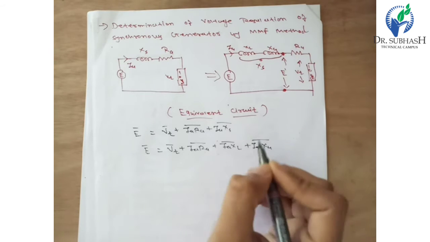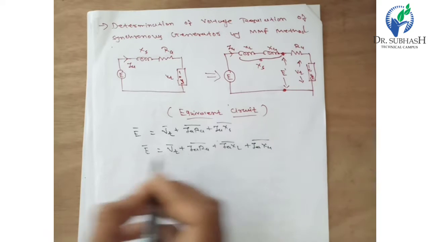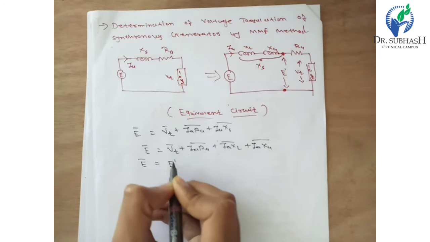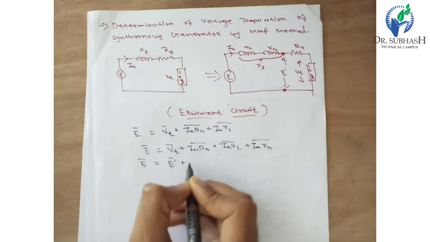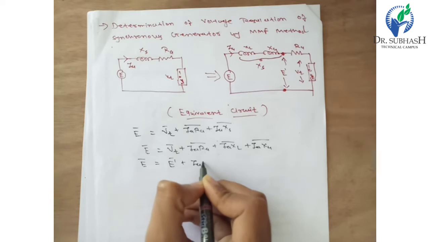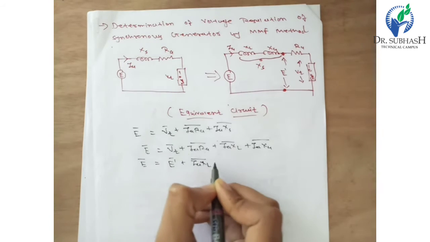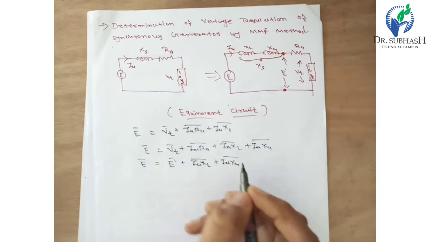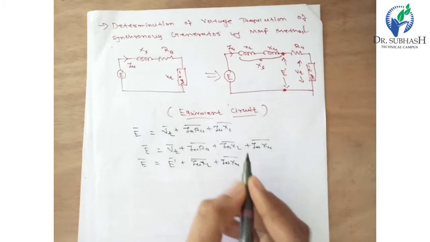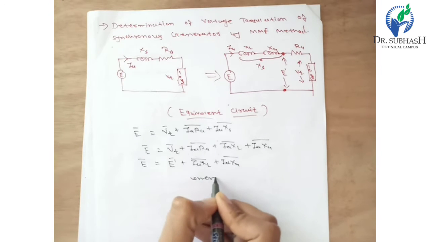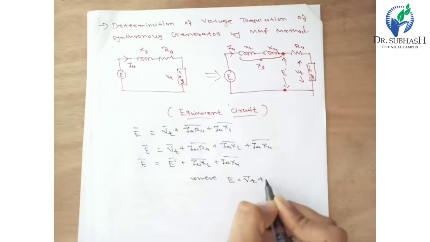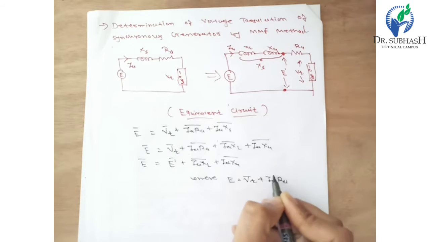That is the total equation of the EMF value. In the same way, we can write E bar is equal to E dash bar plus Ia into XL bar plus Ia into XA bar, where E dash is equal to Vt bar plus Ia into Ra bar.